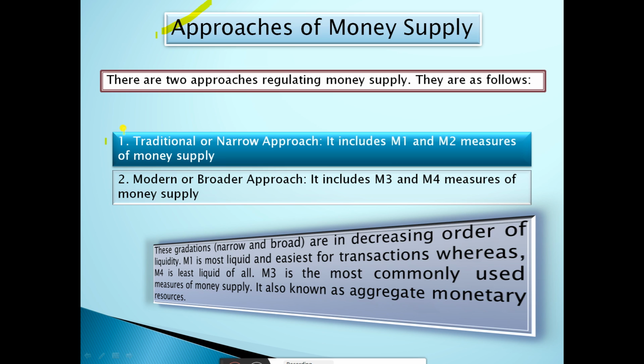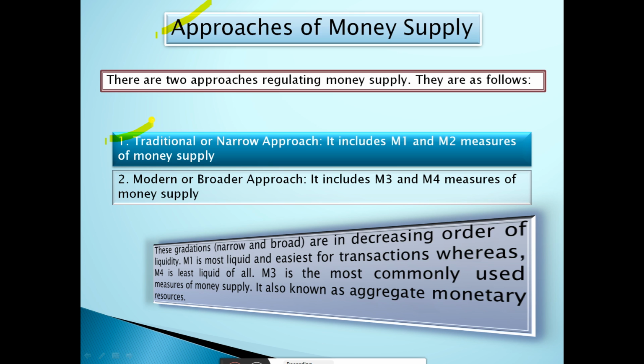If we see the traditional approach, money supply according to this approach includes coins, currency, notes and demand deposits. So M1 and M2 are called the traditional or narrow money.